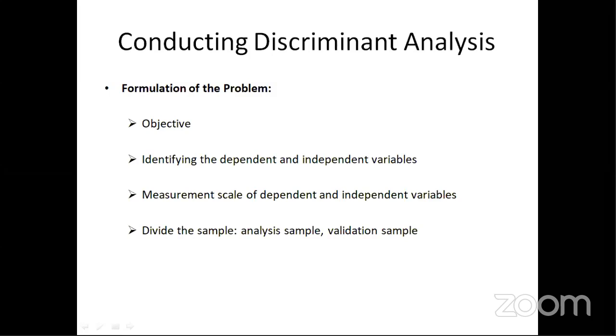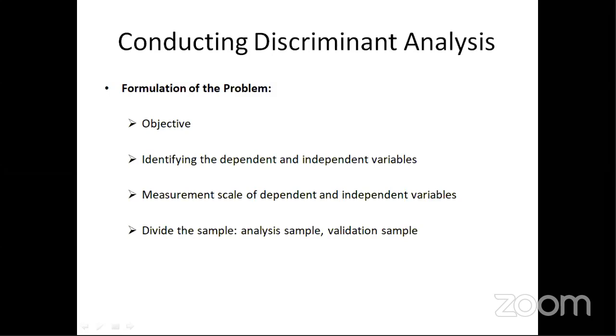And if you have decided, yes, I will apply this discriminant analysis, then you have to identify the dependent variable and the independent variables, meaning which one is the dependent variable and which variables you have taken for explanation.